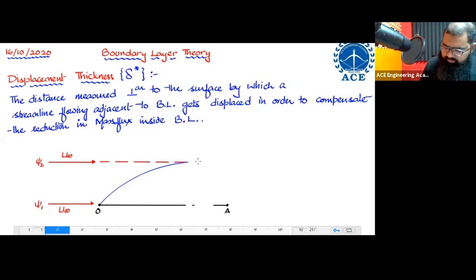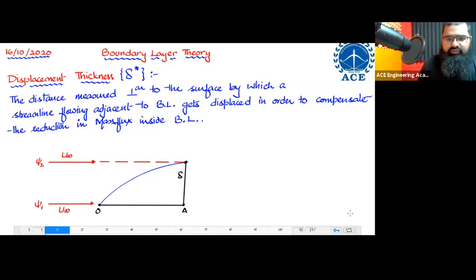I'm choosing only this much portion of the plate. This is a point A over here. Let me consider the section over here. I know that the distance over here is some distance delta.